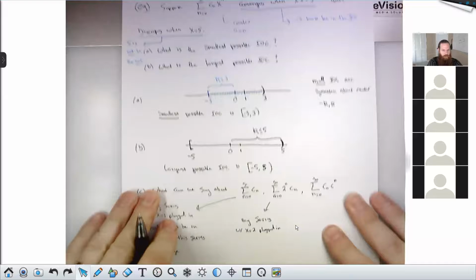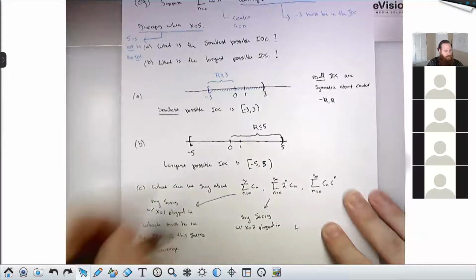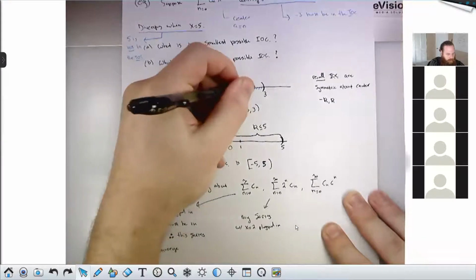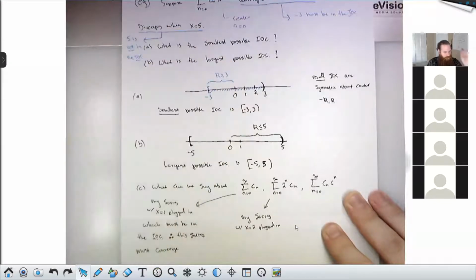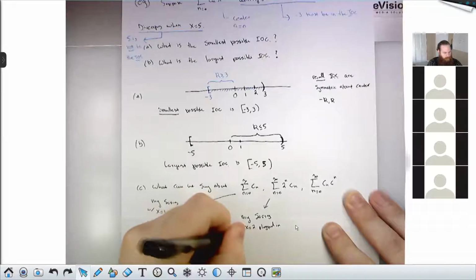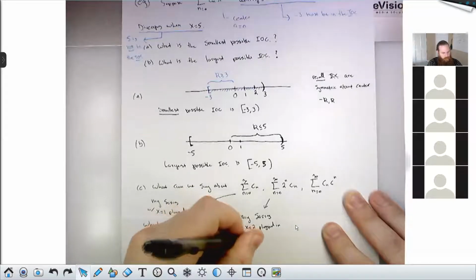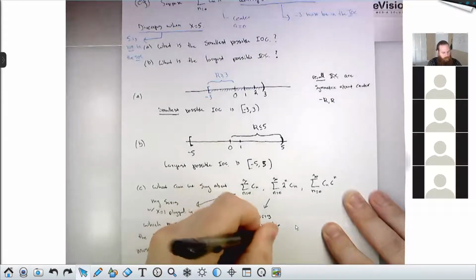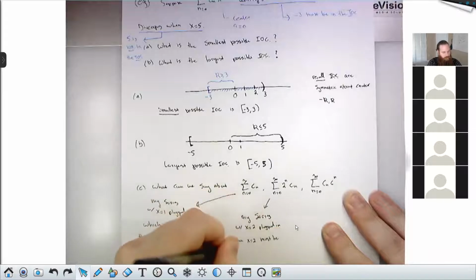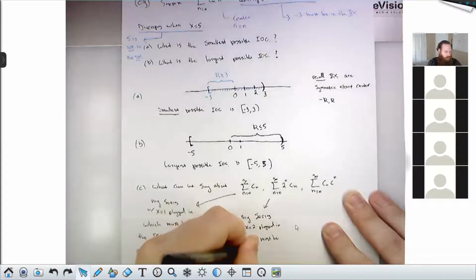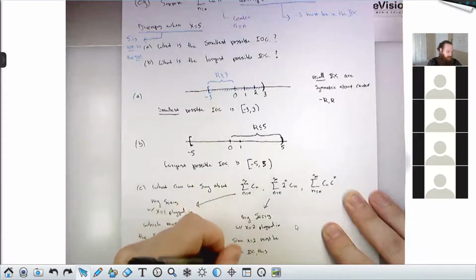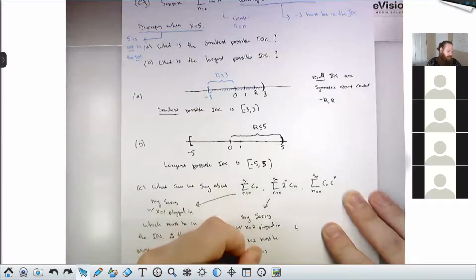And again, just like how 1 is in the worst case IOC, 2 is also in the worst case IOC. Since x equals 2 must be in the IOC, this series also converges.